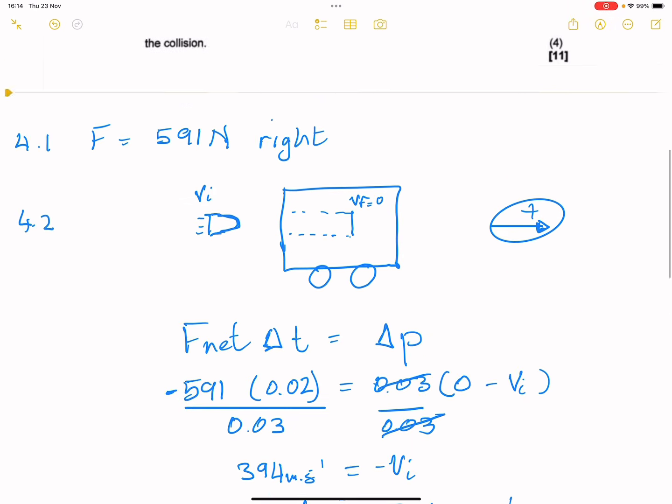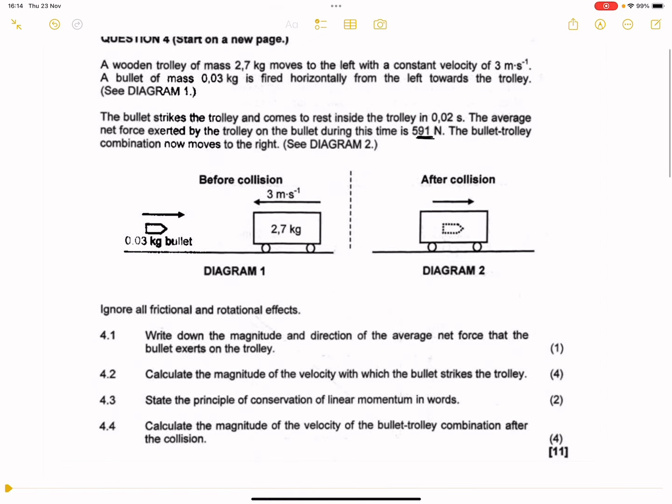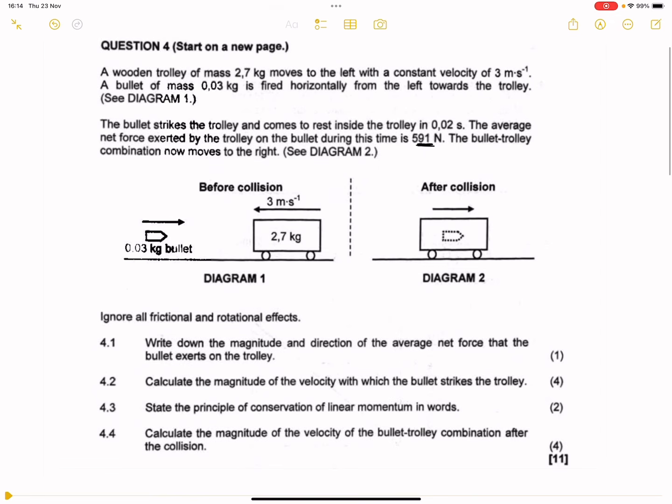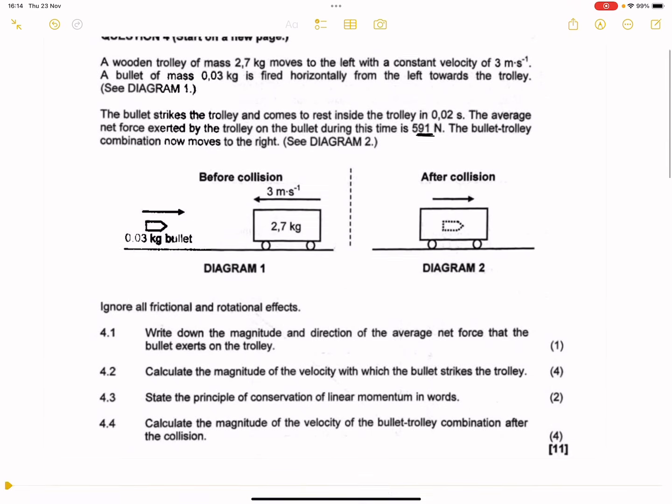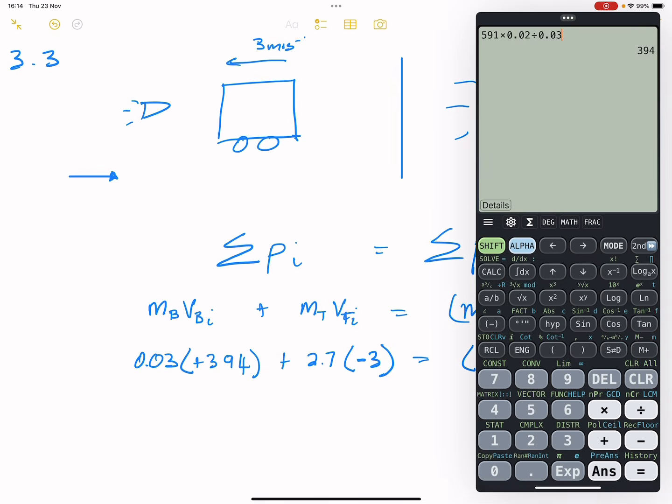Right. So in this case, ladies and gents, what we need to just keep in mind, right, they did show us the direction. So remember that at the end of the day, that velocity will be a velocity that applies both to the bullet and the trolley together. Right, so let's calculate there.